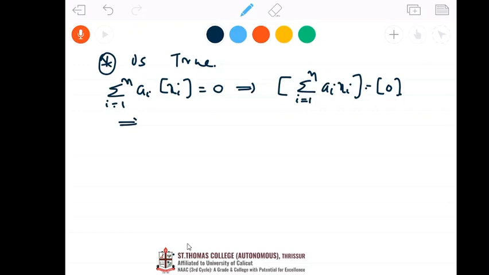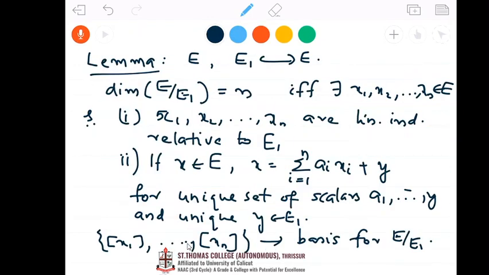And this means the summation of ai xi is in E1, because otherwise this class will not be equal to class of 0. If this is in E1, by our assumption star holds. What is star?